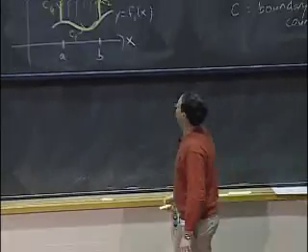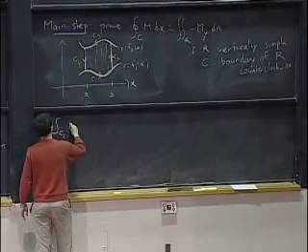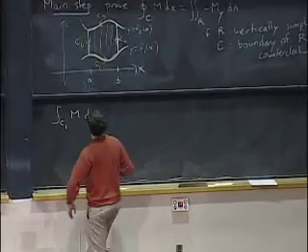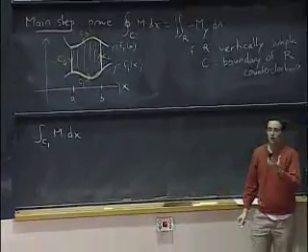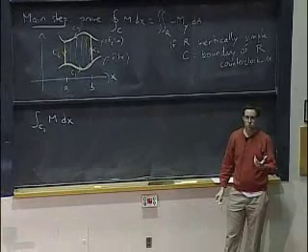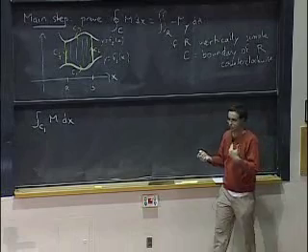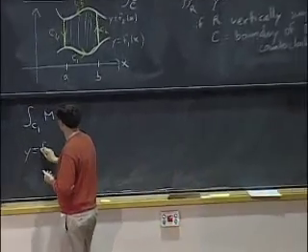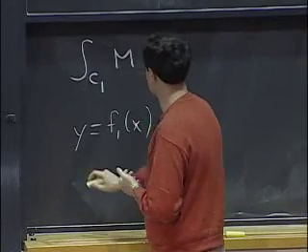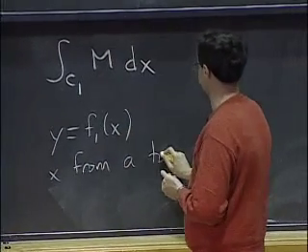Well, let's start with C1. If we integrate on C1 M dx, how do we do that? Well, we know that on C1, y is given by a function of x. So we can just get rid of y and express everything in terms of x. So we know y is f1 of x, and x goes from a to b.